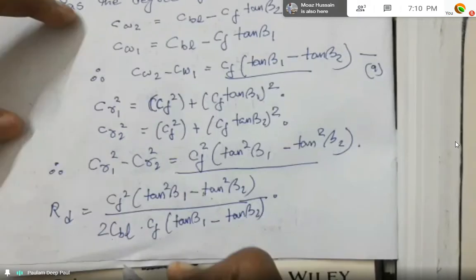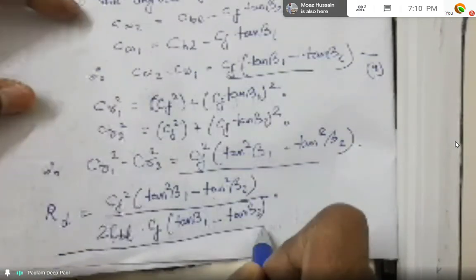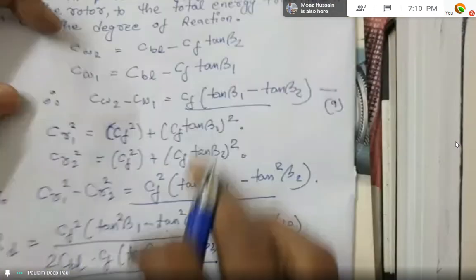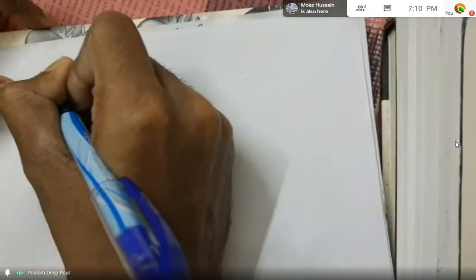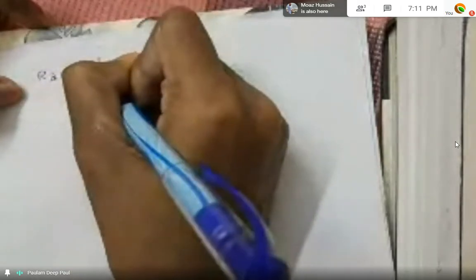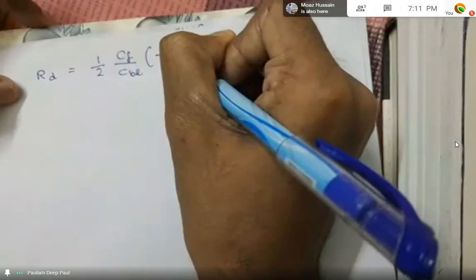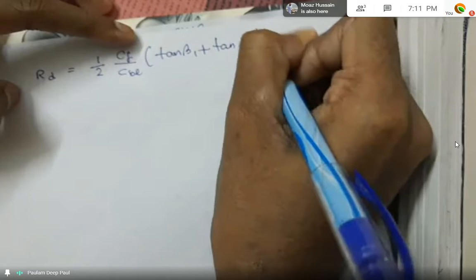You can keep the formula as it is, or you can derive it further. Let us mark this as equation 10, and deriving a bit further, the degree of reaction equals 1 by 2 Cf by Cbl times tan beta 1 plus tan beta 2.